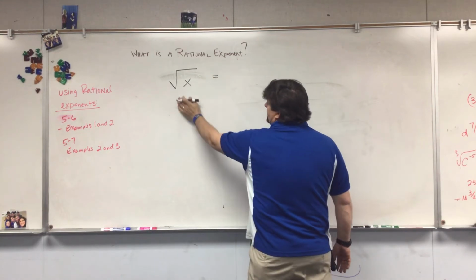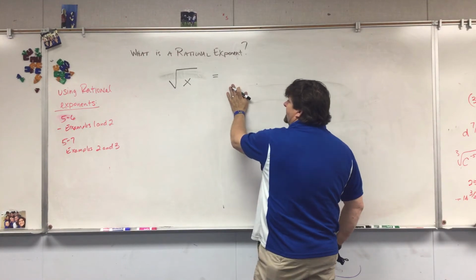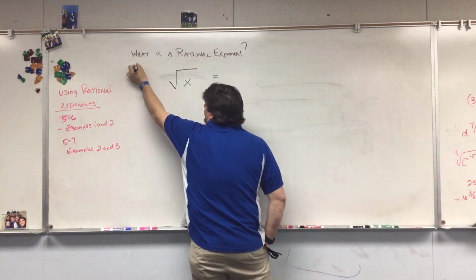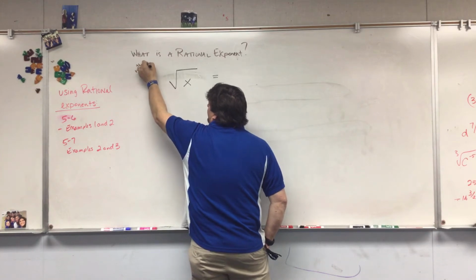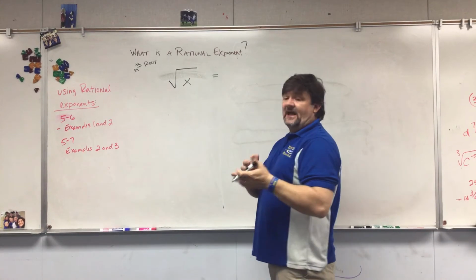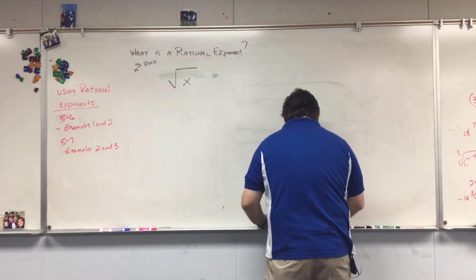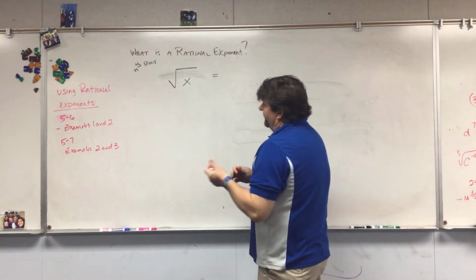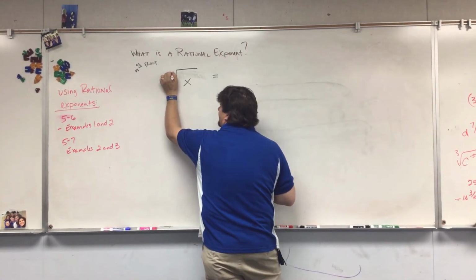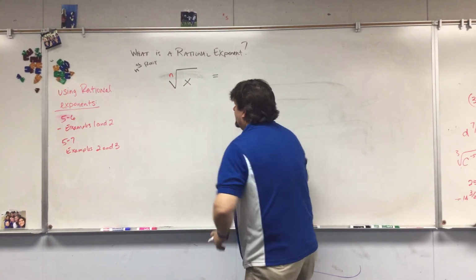So this is in our root form, or called the nth root form. You'll see it called the nth root. The reason they call it the nth root is because there's always this little number right here, and that can be 2, that can be 3, that can be anything.